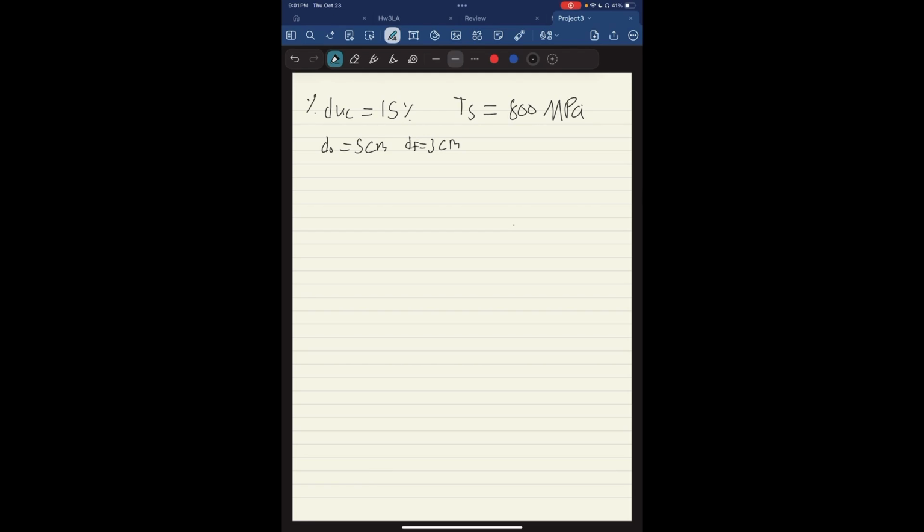So to start this process, we're going to look at the percent area reduction. The most general formula for that would be (π d0²/4 − π df²/4) over (π d0²/4).